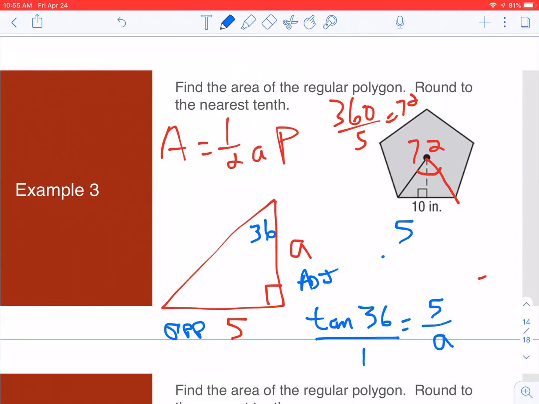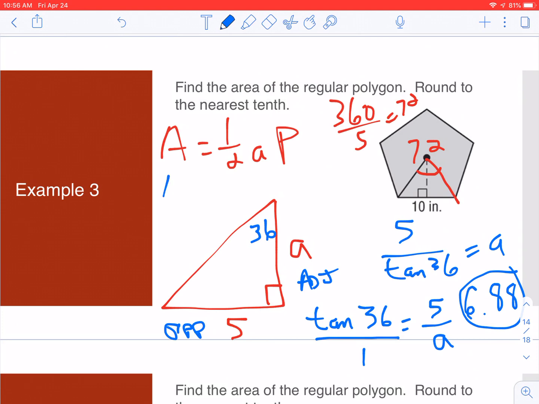Once you cross multiply and eventually solve, it's 5 divided by tangent 36 equals A. So in my calculator, I'm going to do 5 divided by tangent of 36 equals 6.88. Okay, so that is the apothem.